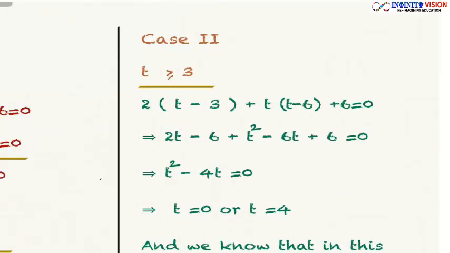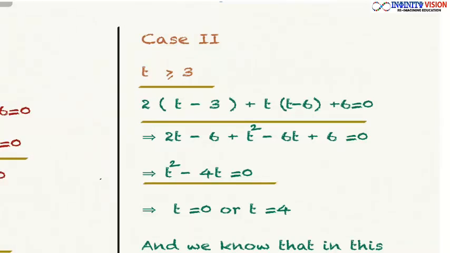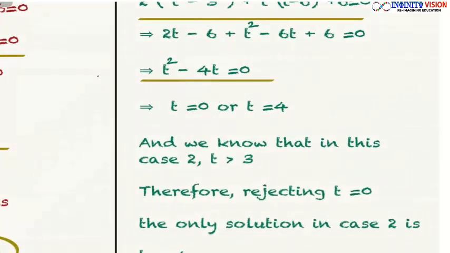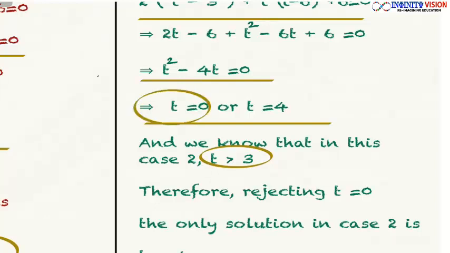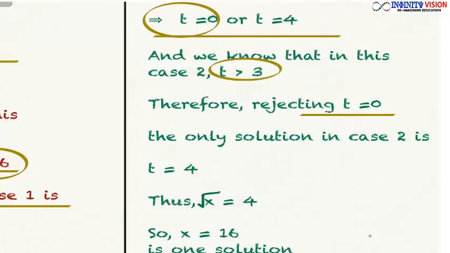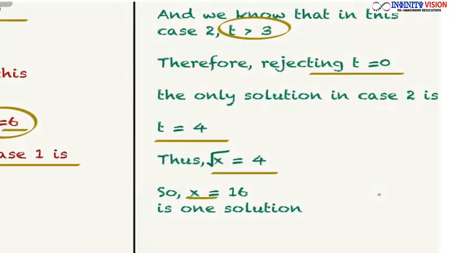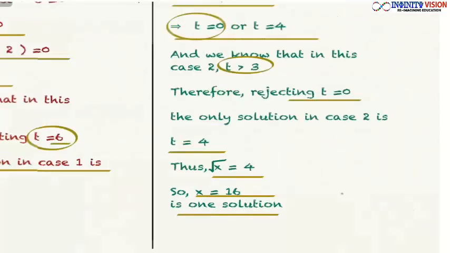Rewriting, 2(t − 3) + t(t − 6) + 6 = 0. Simplifying, t² − 4t = 0. Factorizing, t = 0 or t = 4. As t is greater than 3, t = 0 is rejected. So the only solution in case 2 is t = 4, which means root x is 4, so x = 16 is one solution.